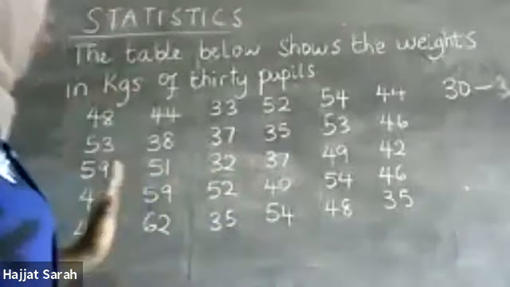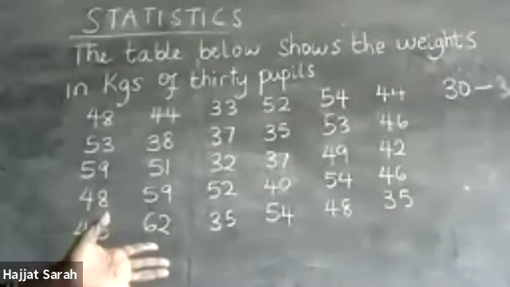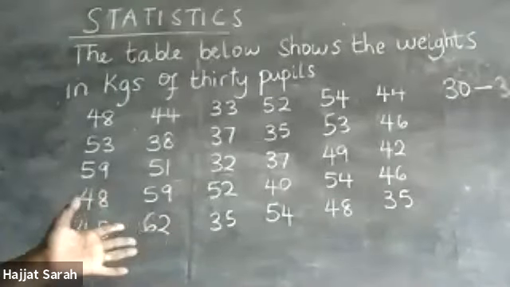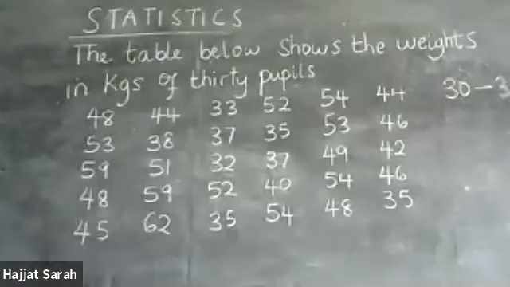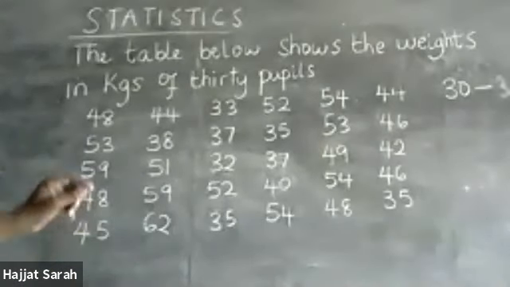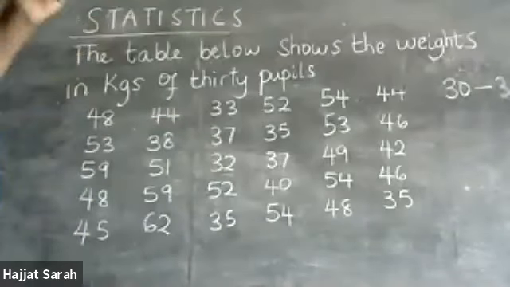If our class is 30 to 34, who can tell me what our next class will be? 35 to 39. Very good. You must first look at your last figure so that you know how far you are going to go.